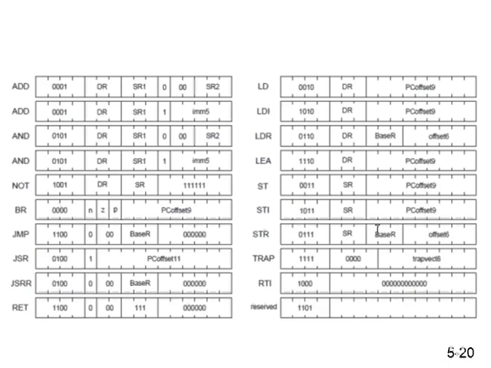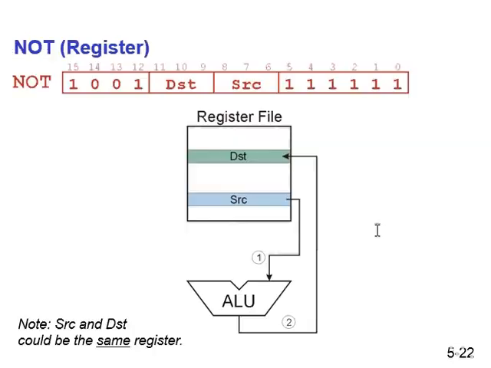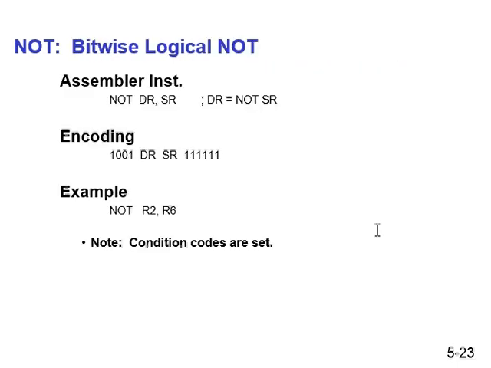This is the table of instructions. With the operate instructions, NOT and AND. You studied this, so we can go fast. NOT has the opcode 1001, with bitwise logical NOT. And when you write assembly language, you use NOT R2, R6.